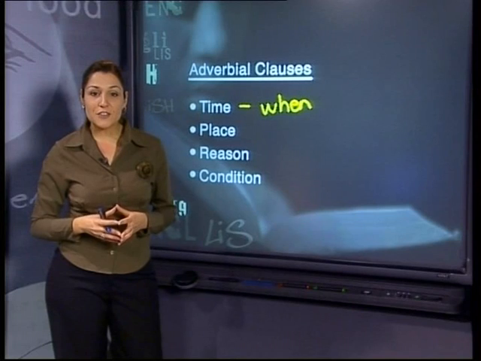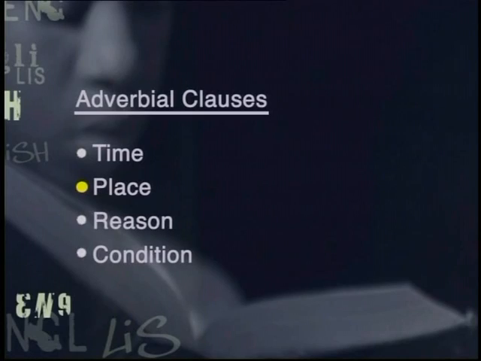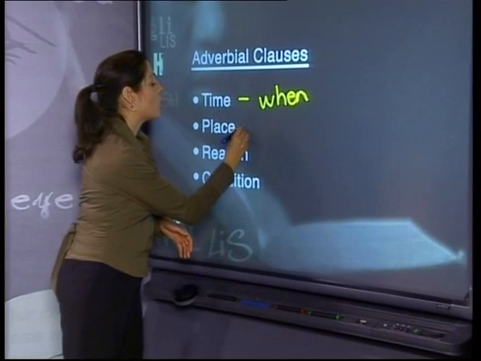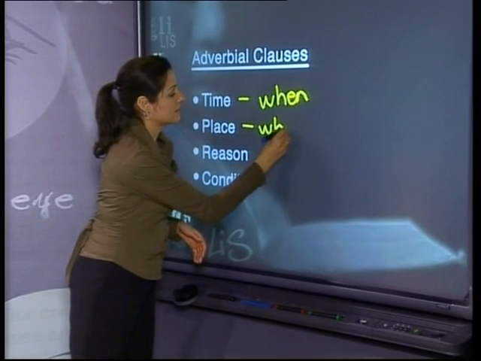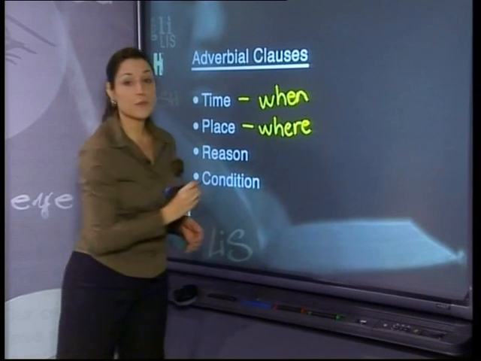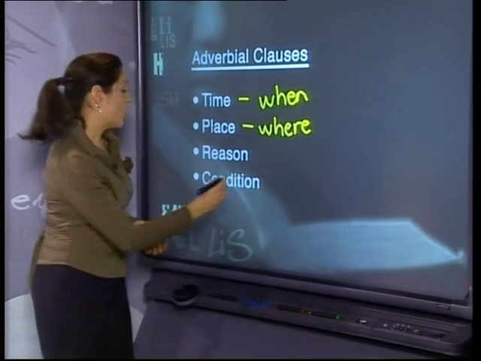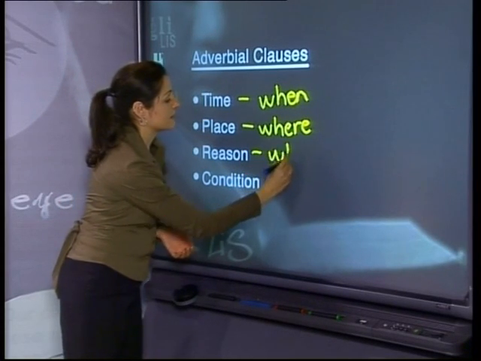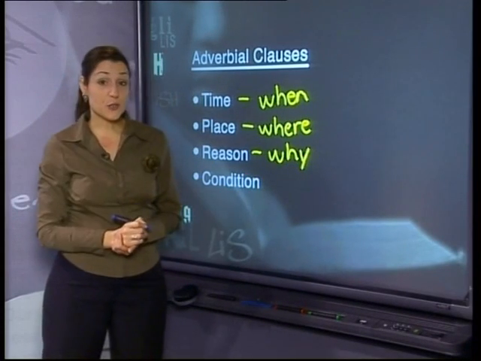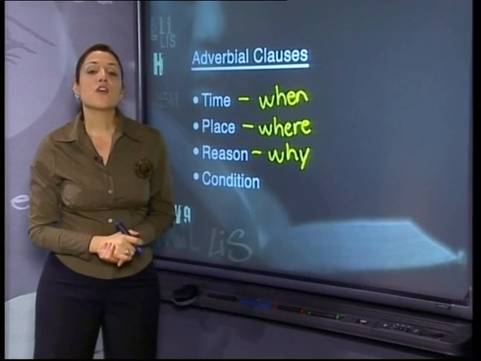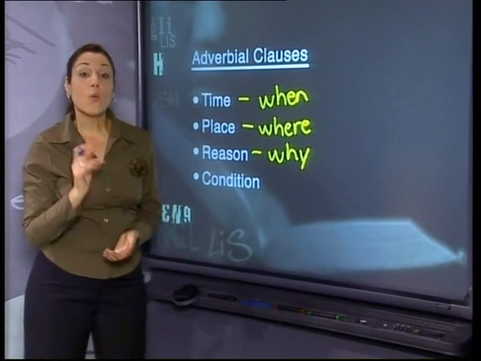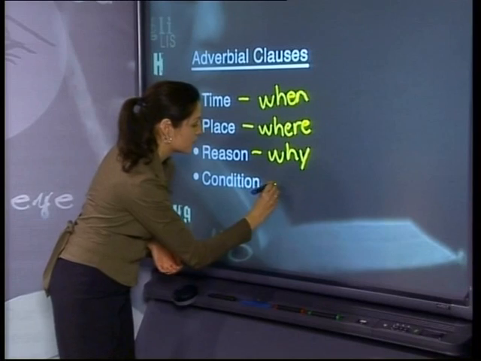Now let's figure out the rest for ourselves. Clauses of place will tell us more about where the action took place. Clauses of reason will tell us about why the action took place, and clauses of condition will tell us what has to happen.